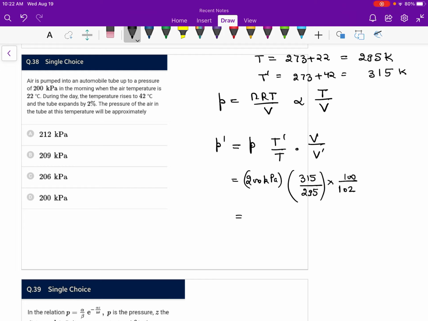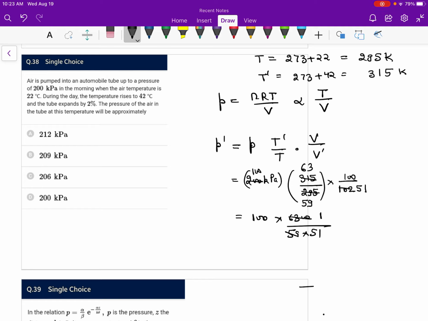So this is 315 upon 295 into 100 by 102. 5 5s are 25, 5 9s are 45, 5 6s are 30, 5 3s are 15. So this is 100 into 60, 300 upon 59 into 51.